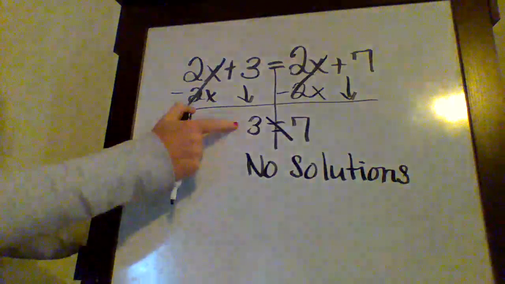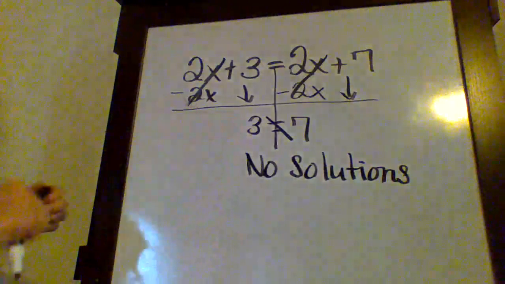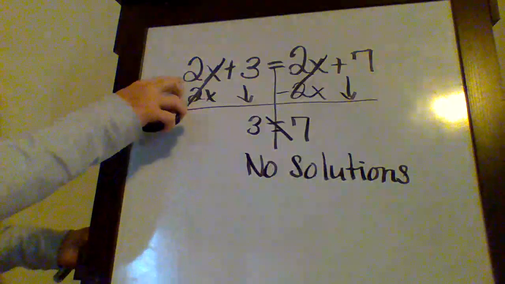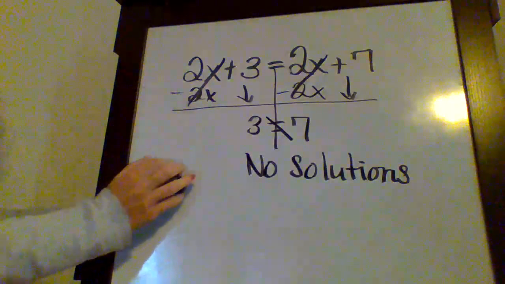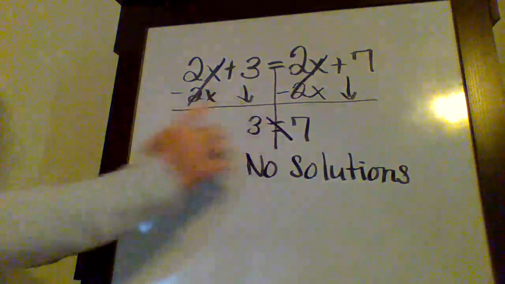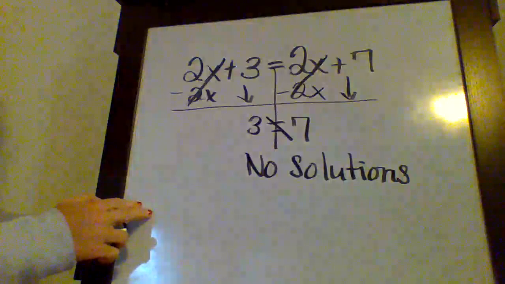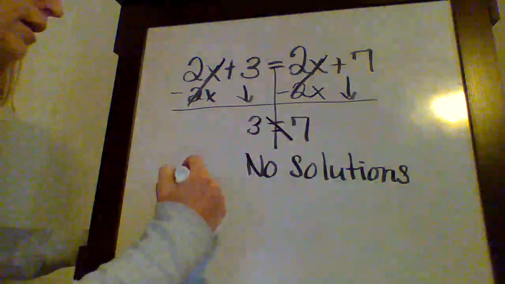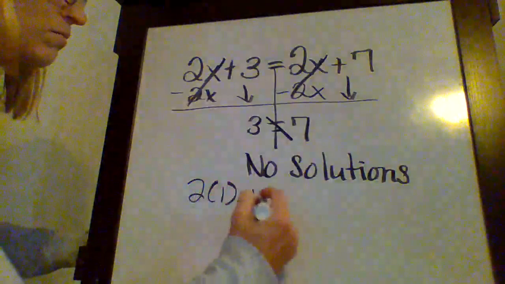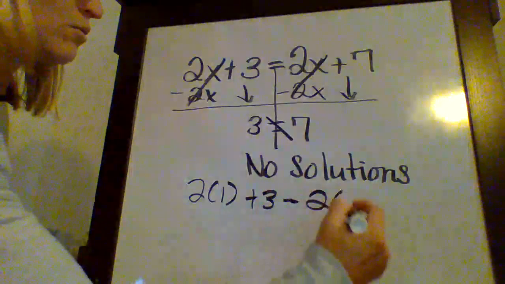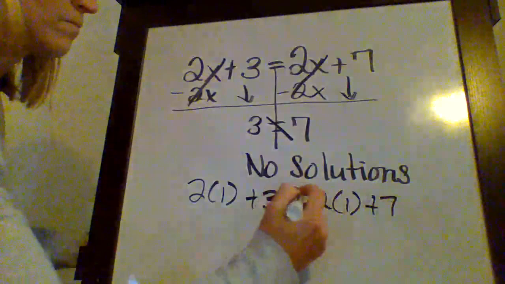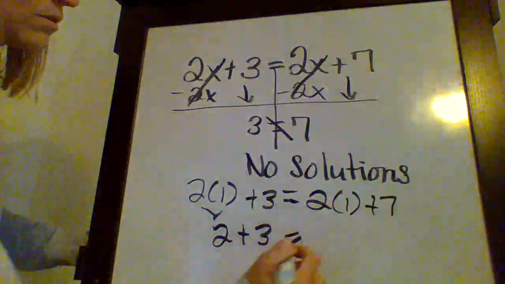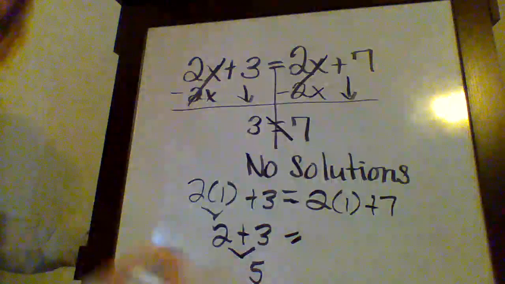Anytime you're left with a statement that is not true, that is no solutions. That means it doesn't matter what number we plug in for x, it will never work out to where both sides are equal. For example, if I plugged in a 1 for x, both sides will not equal the same number. 2 times 1 is 2, and 2 plus 3 is 5.